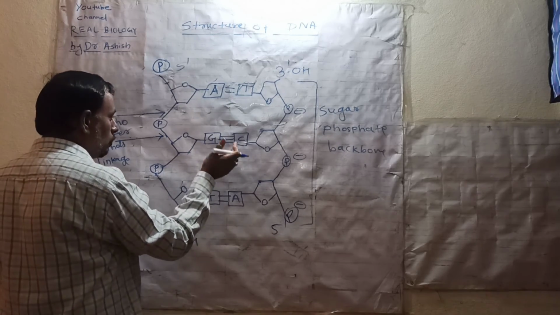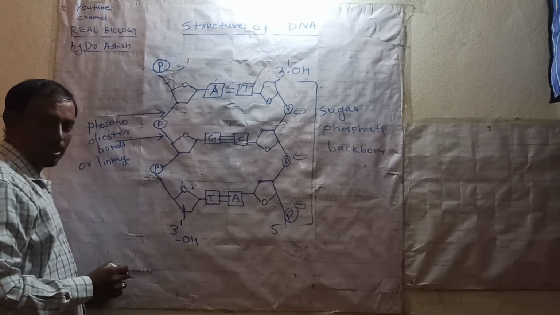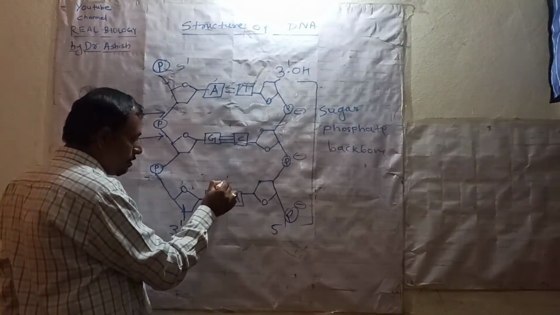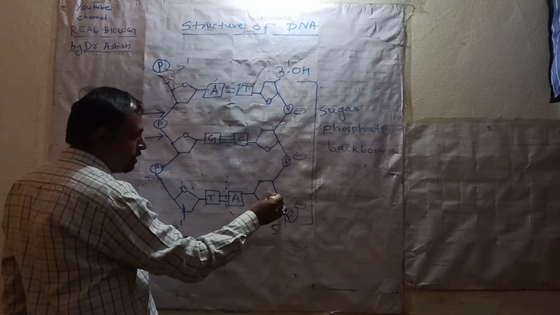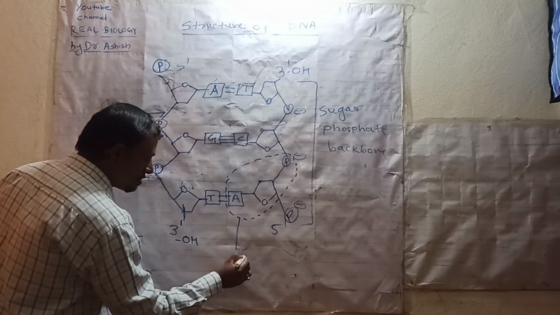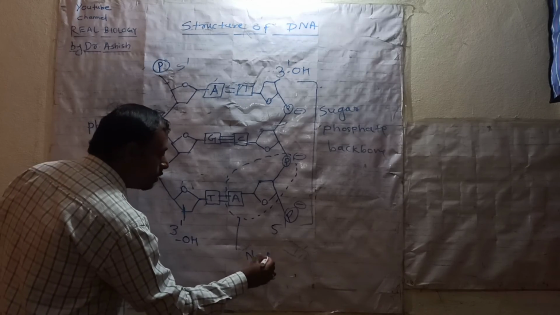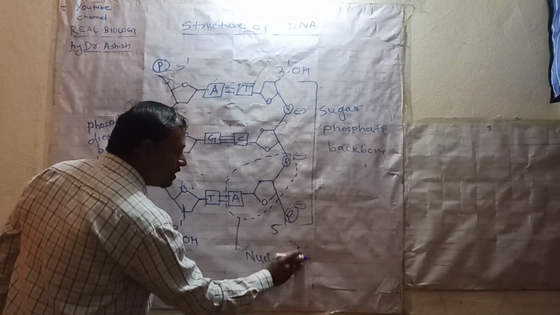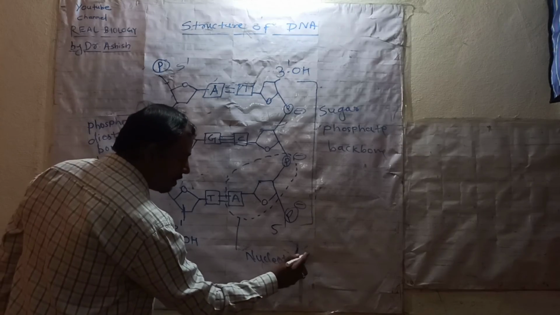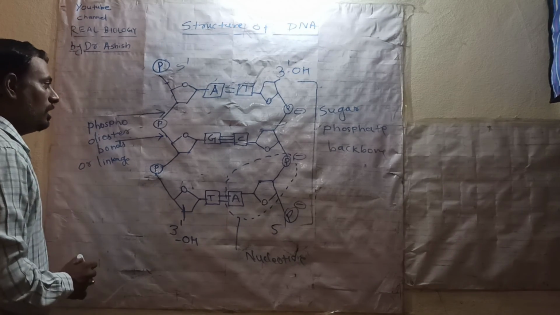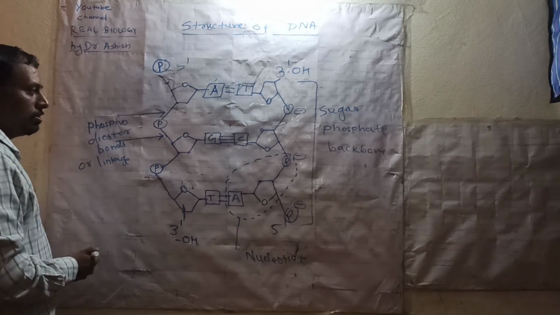And which one is the nucleotide? Can you identify? I will show you. This one is the nucleotide: one nitrogenous base, one deoxyribose sugar, and one phosphate group. This is a nucleotide, the repeating unit in DNA. And DNA is actually like this.